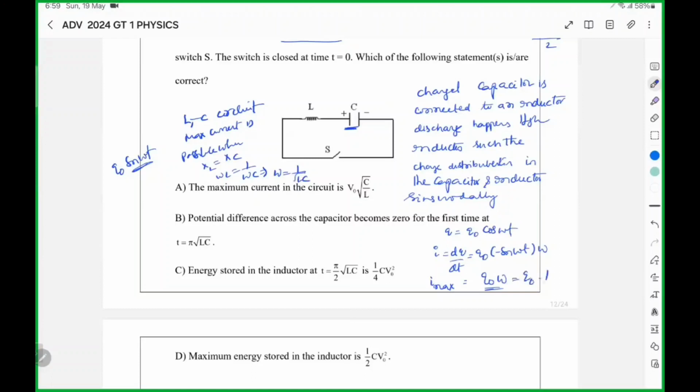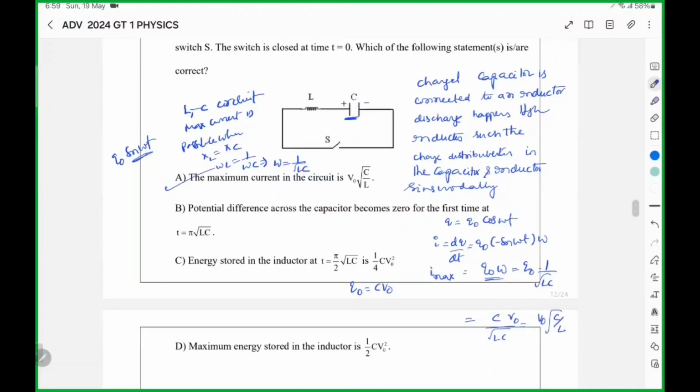Q naught into 1 by root LC. So Q naught here is CV naught. So Q naught in place of that, CV naught by root LC. So V naught root C by L. So first option is correct.